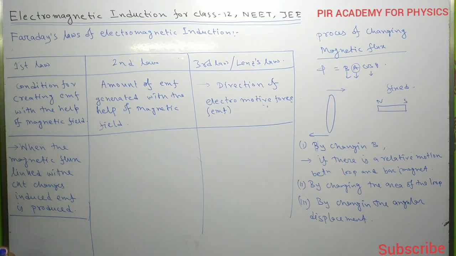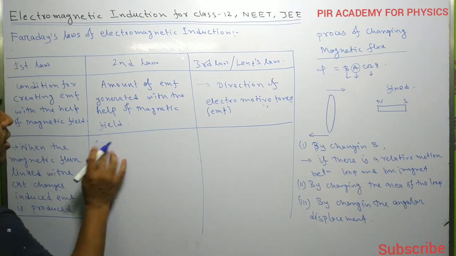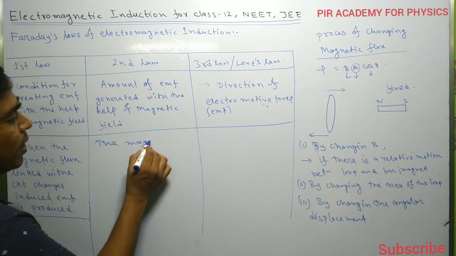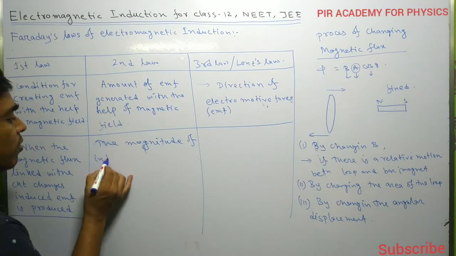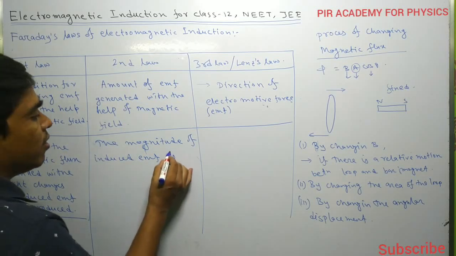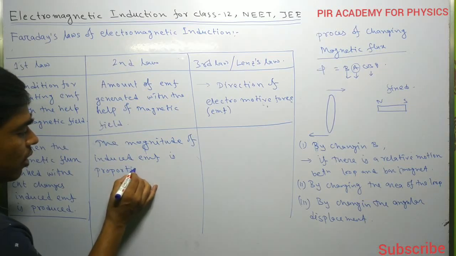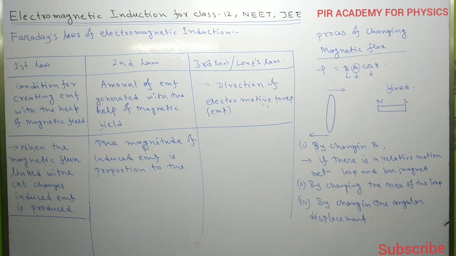That means the magnitude of induced EMF is proportional to the rate of change of magnetic flux.